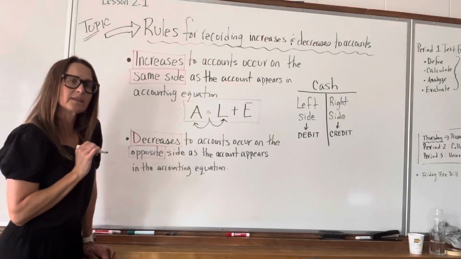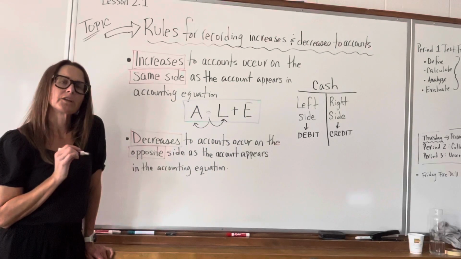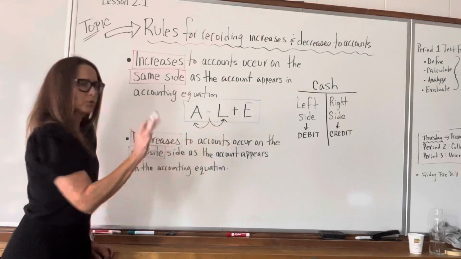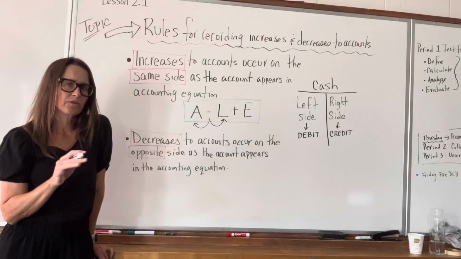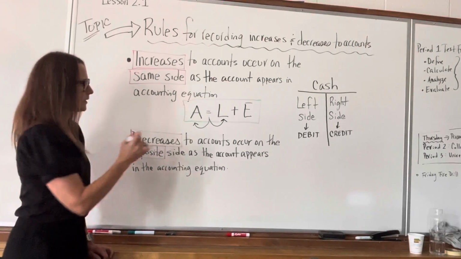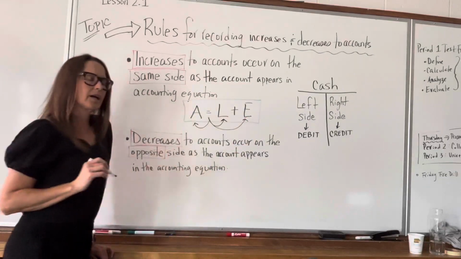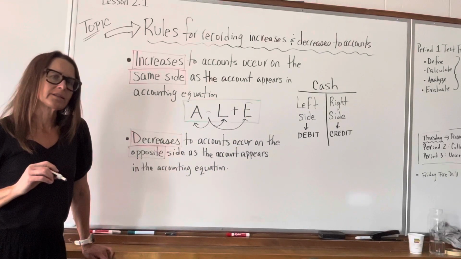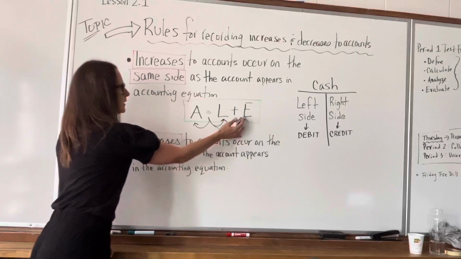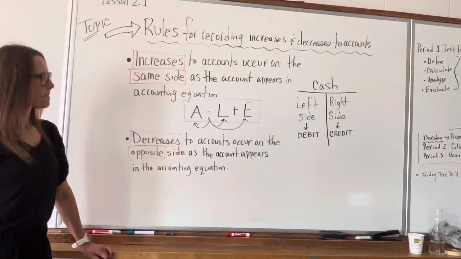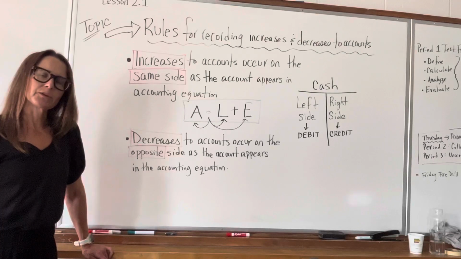Liabilities are on the right side, so they increase with a credit because they're on the right. So we're only talking about the increases so far. Equity is also on the right side. Equity will increase with a credit because equity is on the right side of this equal sign. That's how you do increases.